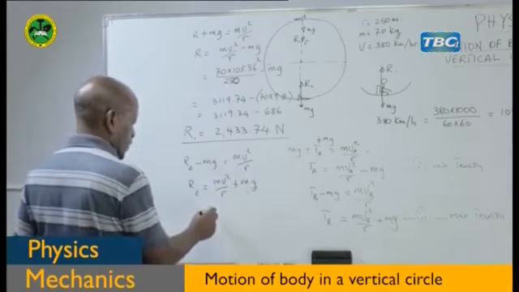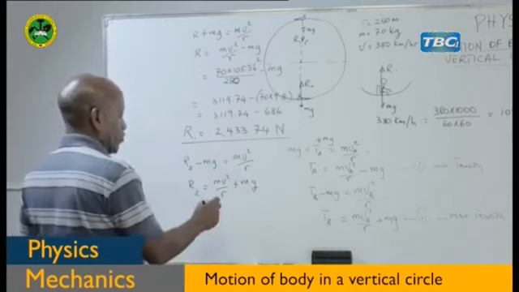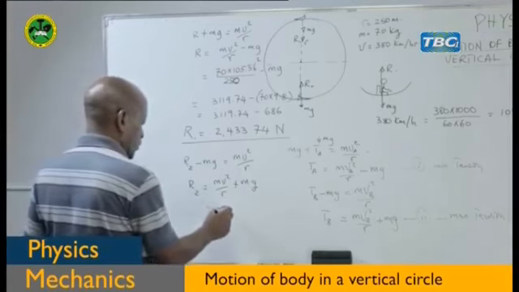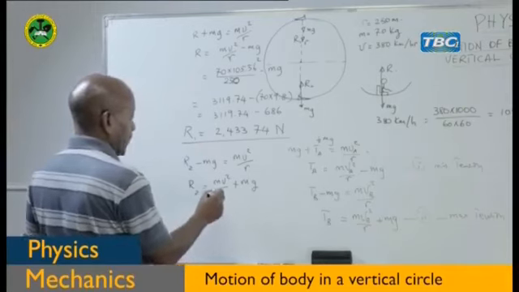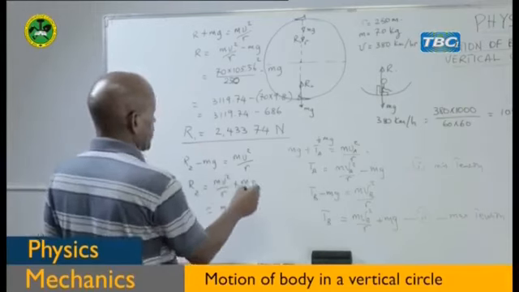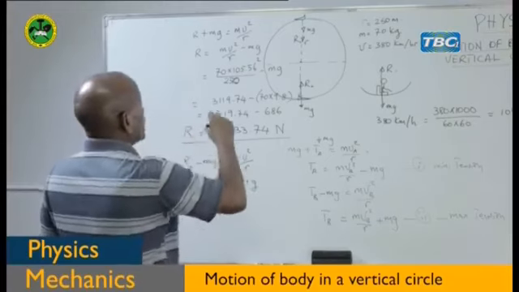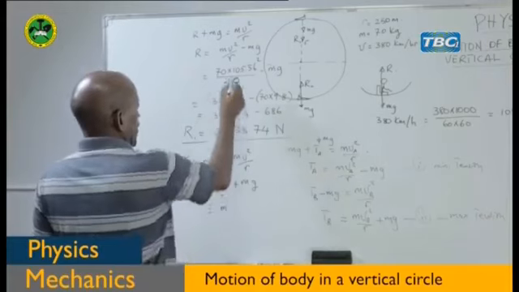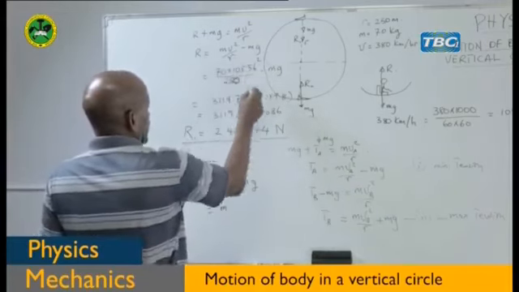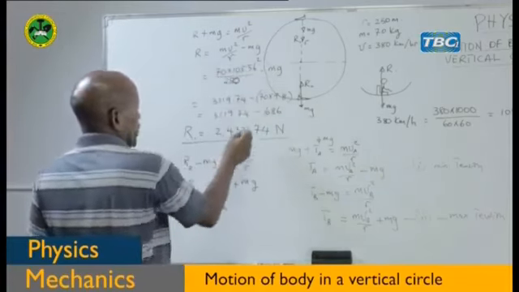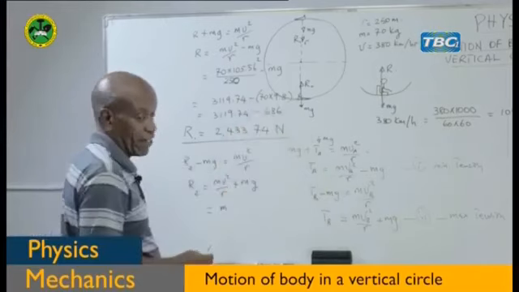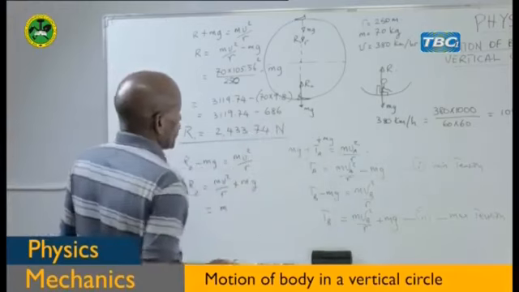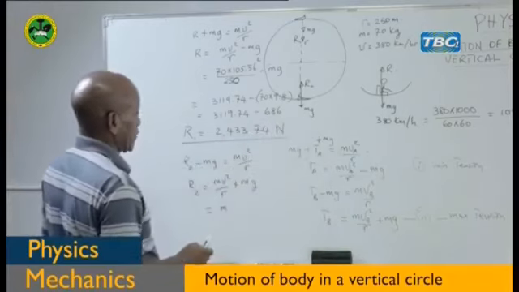So if we substitute it there, we could simplify mv squared over r plus mg. We are going to use the same values over there, whereby mv squared over r is this much, but instead of minus, now we are adding, so that we are going to have this much plus that much.